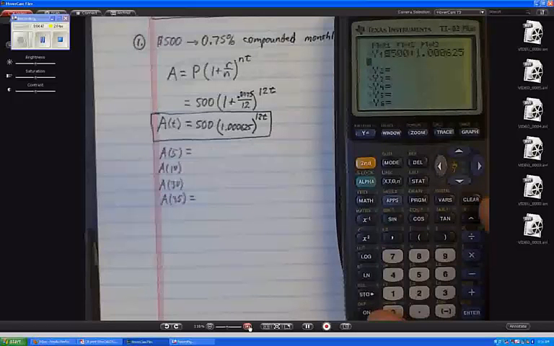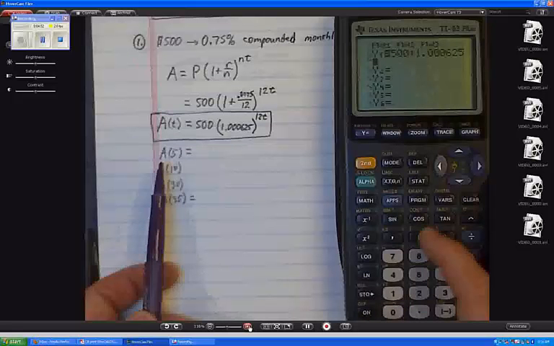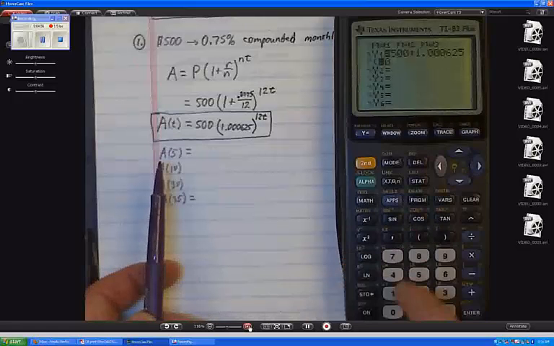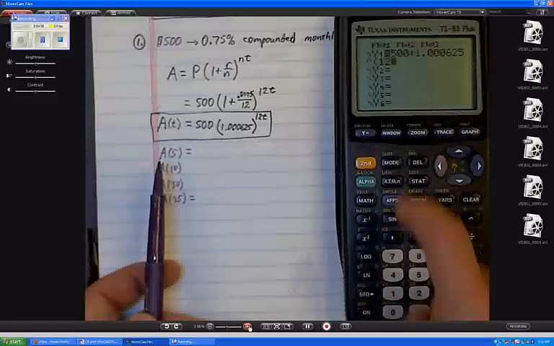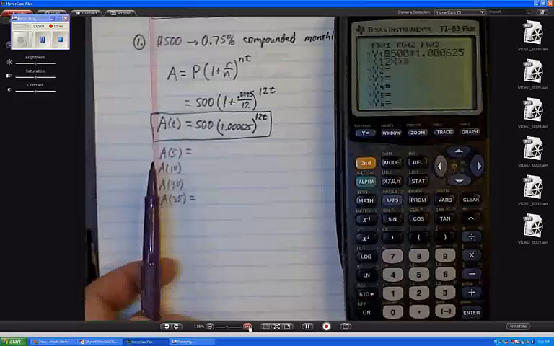Oh, I see, because you want to do it to the 5th. No, what I'm going to do is I'm going to hit caret, parentheses, 12x. Okay?